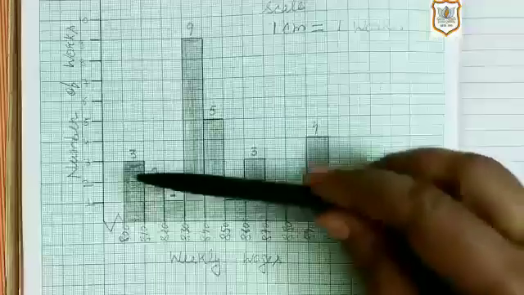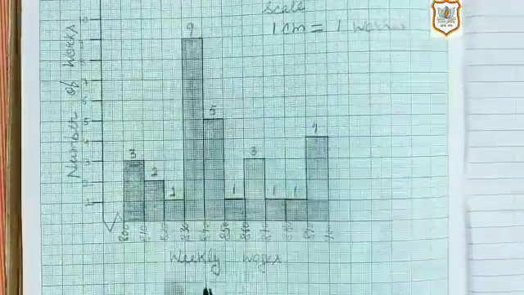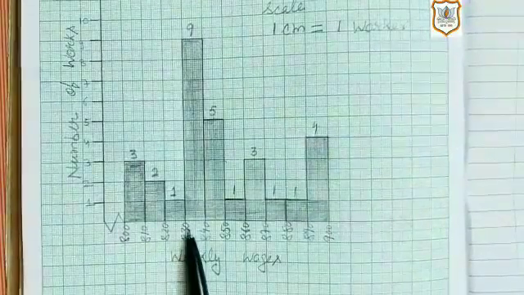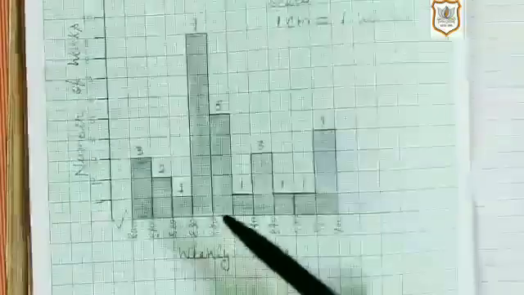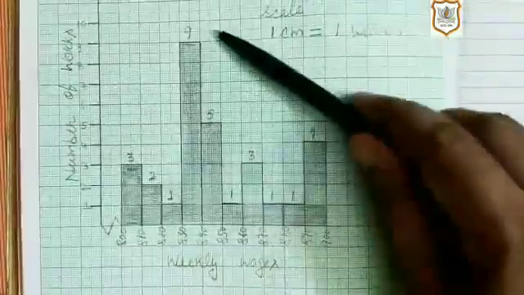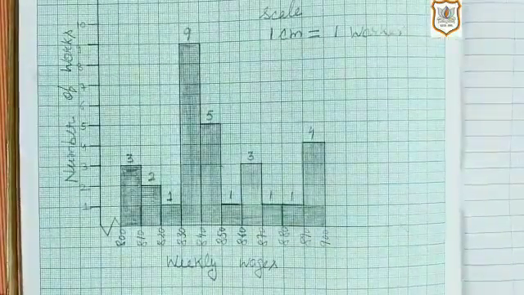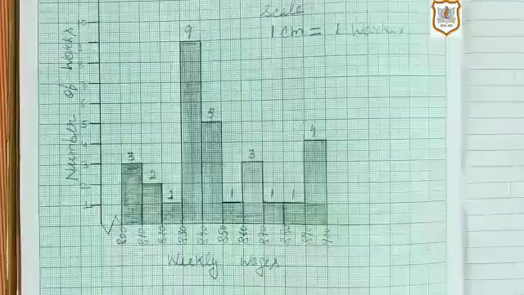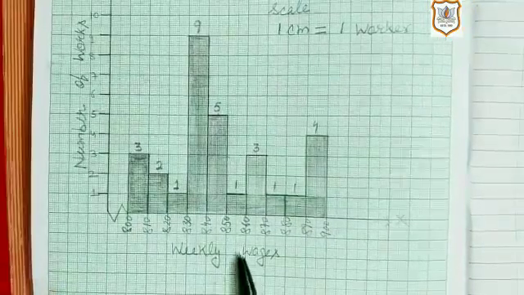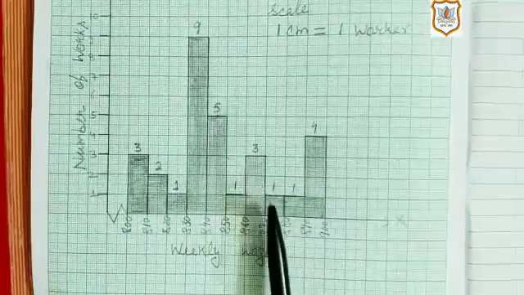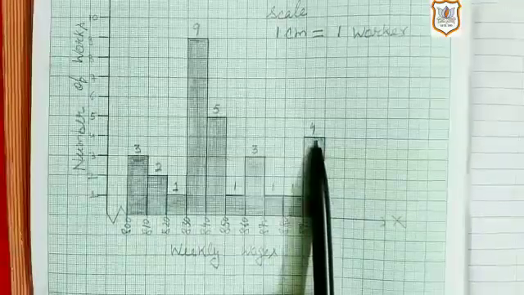Students, you can see the maximum number of workers is 9. So the group 830 to 840 has the maximum number of workers, that is 9. Second question: how many workers earn rupees 850 and more? You can see 1 plus 3 plus 1 plus 1 plus 4 becomes 10.